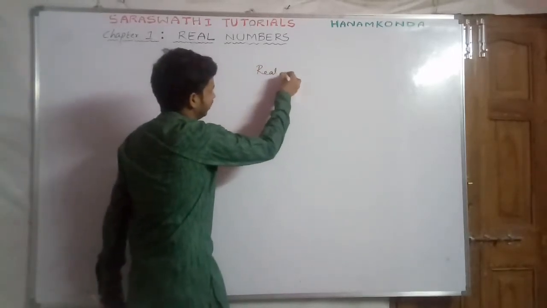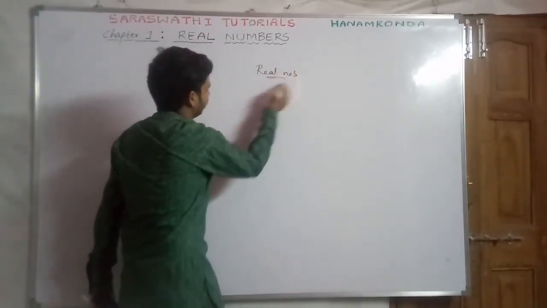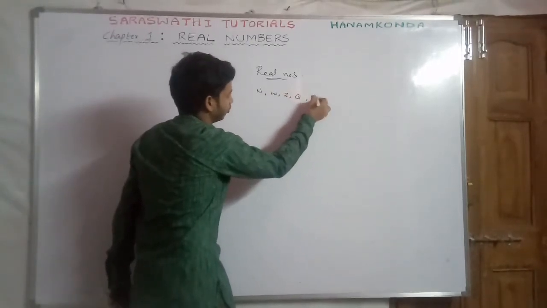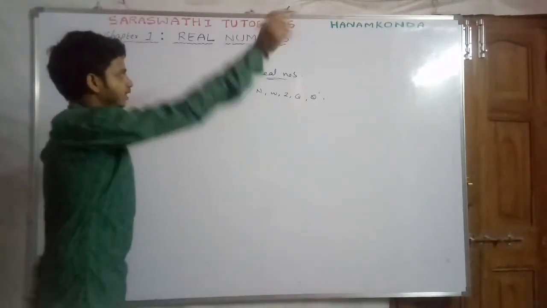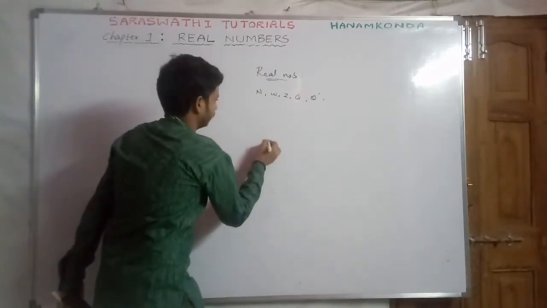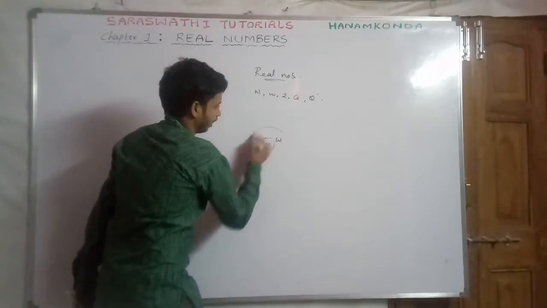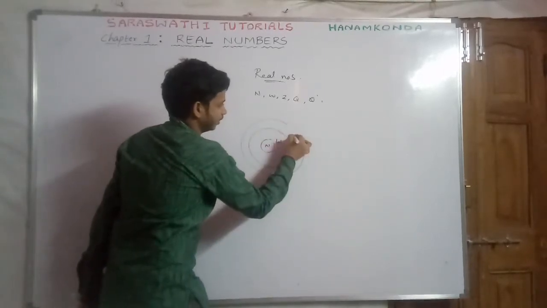So next, real numbers. Real numbers are all the numbers: natural numbers, whole numbers, integers, rational, irrational. All the numbers belong to the real numbers. For example, natural numbers are a subset of whole numbers, and whole numbers are a subset of integers.